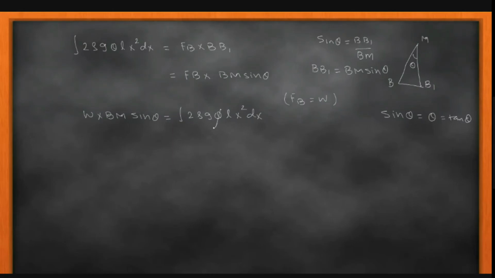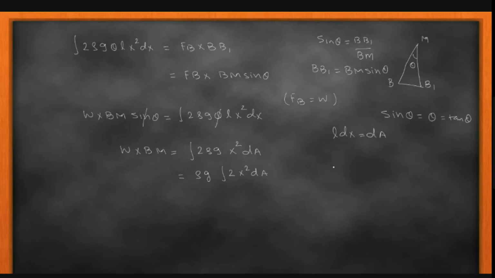So we cancel out theta and sine theta over here, and we also know that L into dx is the area of a strip, dA. So we get W into BM equals the integration of 2 rho g x square L dx, which is dA. Rho and g are constant, so I kept them outside of the integration. So finally we get 2x square dA.